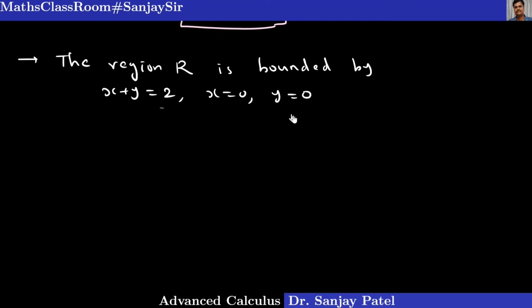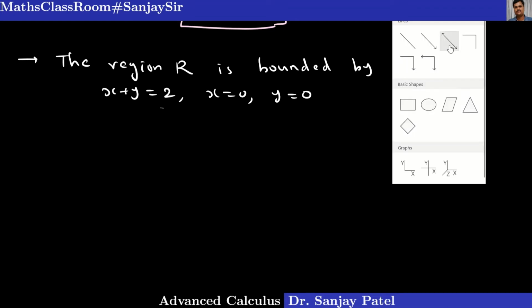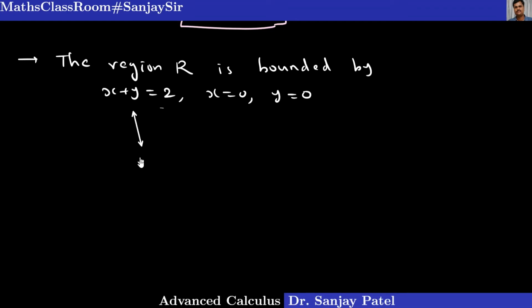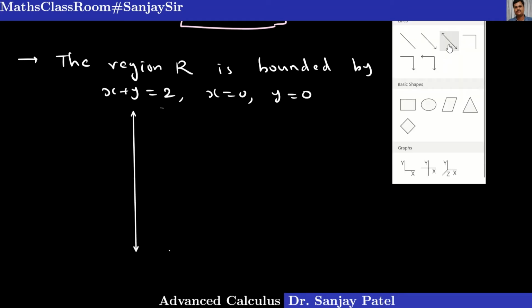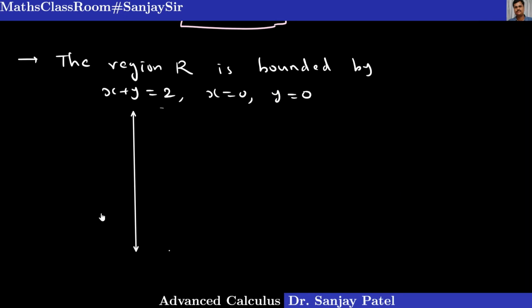So it is bounded by these three lines. Now let me draw the coordinate axis. Another axis. So this is x-axis, this is y-axis, and this is origin.